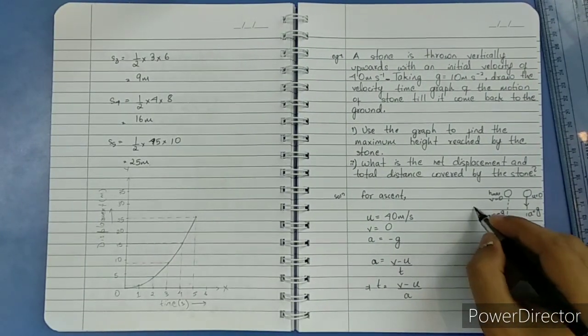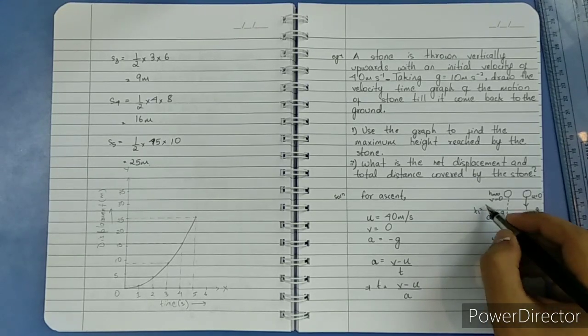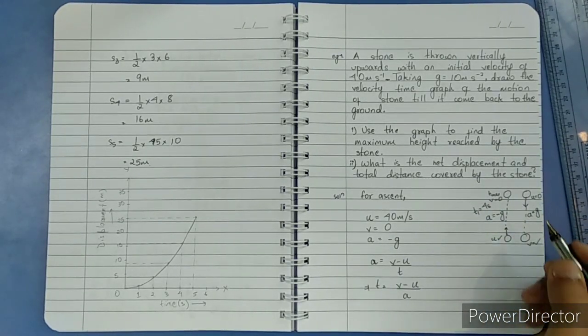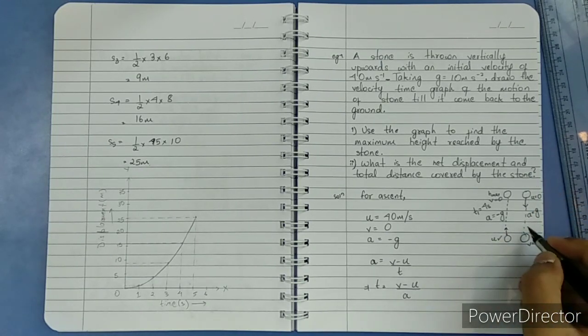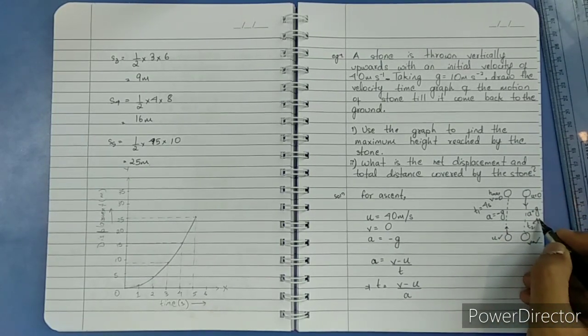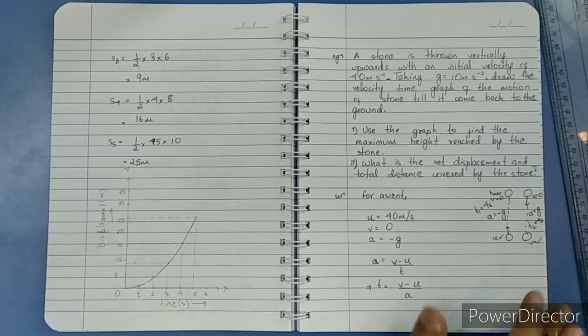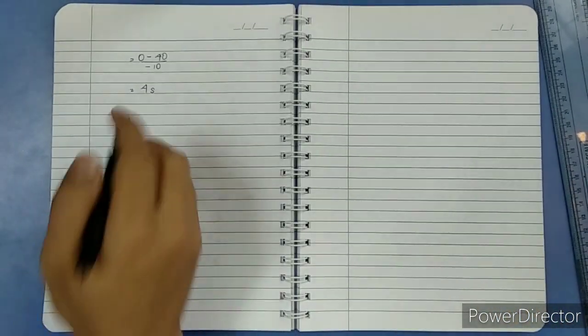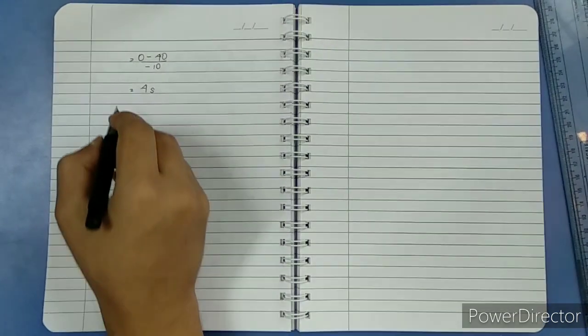So time t1, the initial time, is 4 seconds. If it takes 4 seconds to go up, it will also take 4 seconds to come down. So t2 will also be equal to 4 seconds. So the total time of the journey we get is 8 seconds.